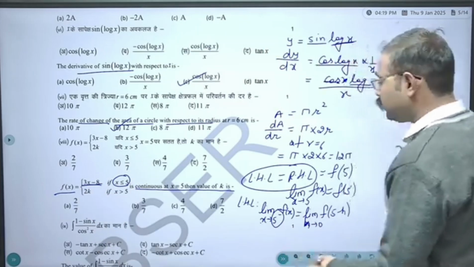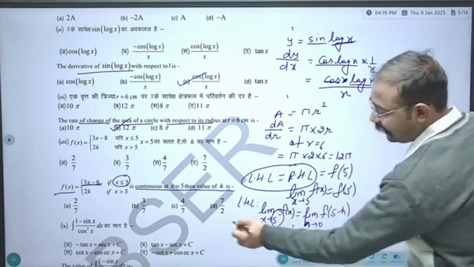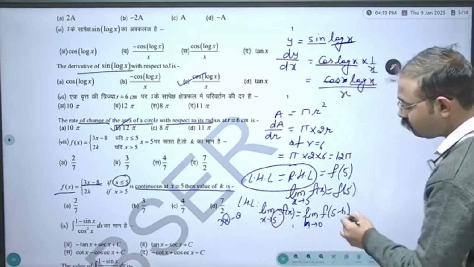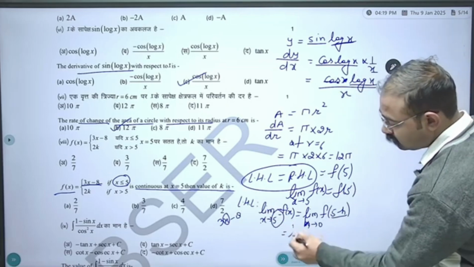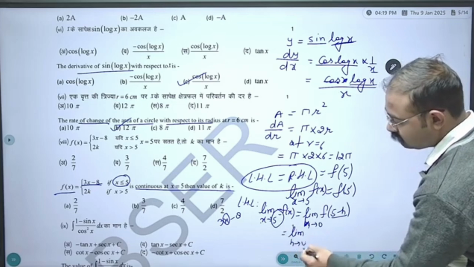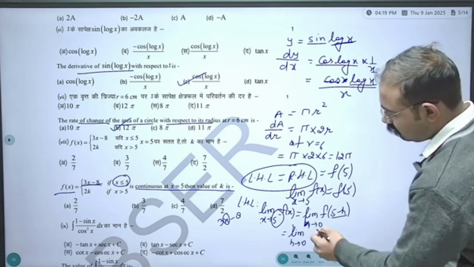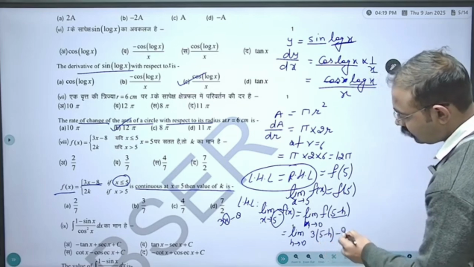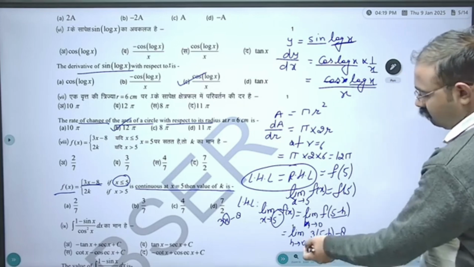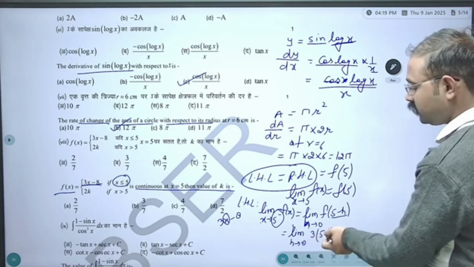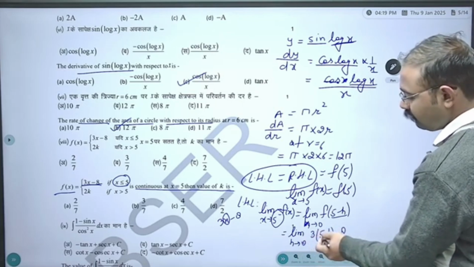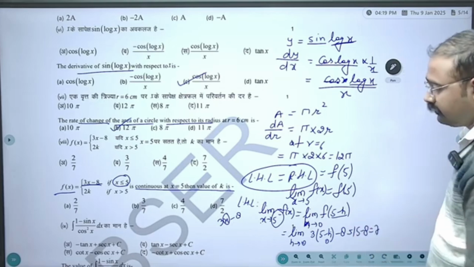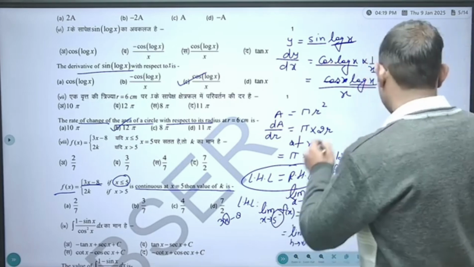So in that function, at the place of x we have to put what? 5 minus h. So limit h tends to 0, 3 at the place of x, 5 minus h, minus 8. Now when we will put at the place of h 0, then h will be 0, 3 fives are 15, 15 minus 8, 7.